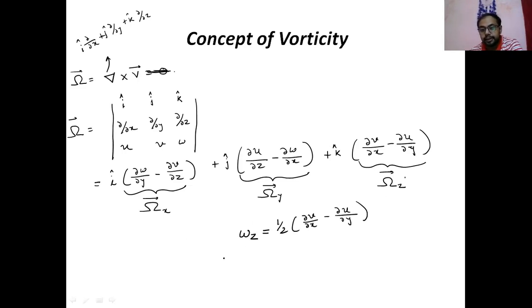It is the vorticity about z-axis. So 2 omega, if you do it, the vorticity vector is double the omega. Vorticity about z-axis is double the angular velocity.